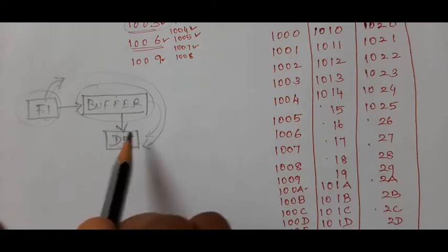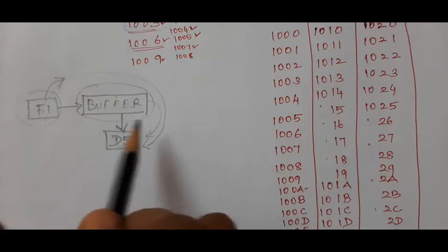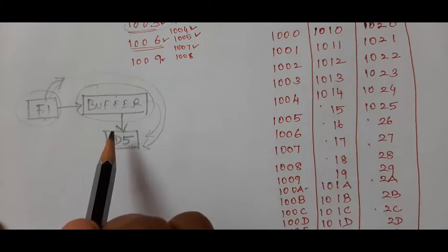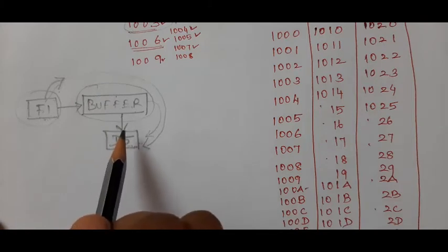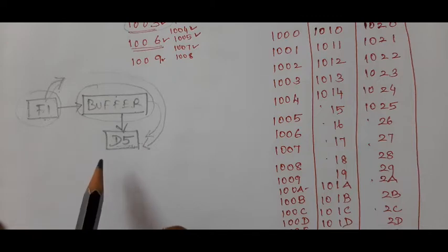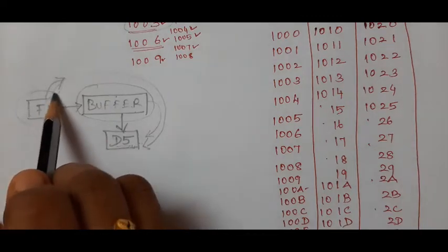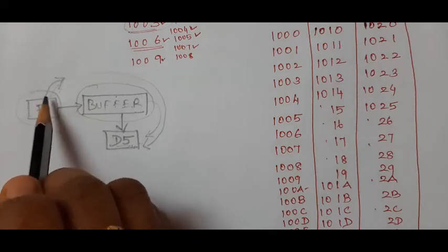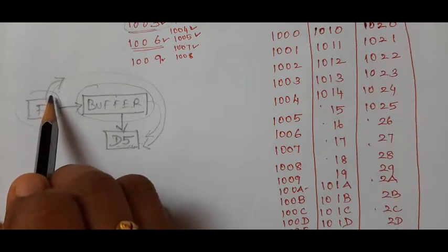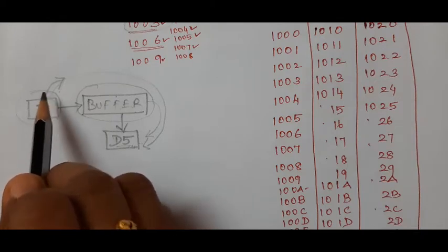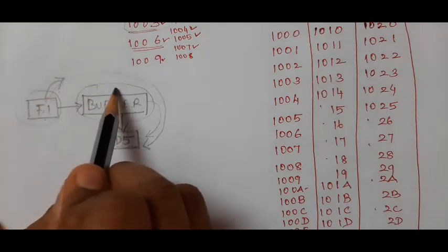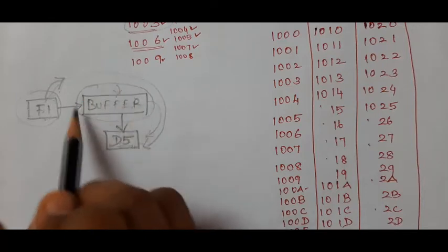But in an SIC, for input and output operations, we need to know whether these two devices are ready or not. Before reading data from the F1 device, we test whether the device is ready. If it is ready, we copy the record from here and store it in the buffer.